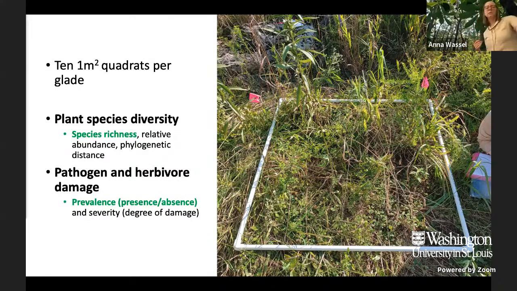For today's talk, I'm only talking about species richness when I say diversity. And then for pathogen herbivore damage, I measured prevalence, which is just the presence or absence of that damage type. And in a subset of the plots, I also measured severity, but today I'm just talking about prevalence.